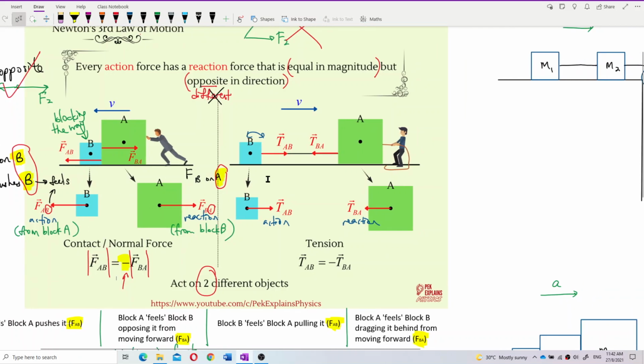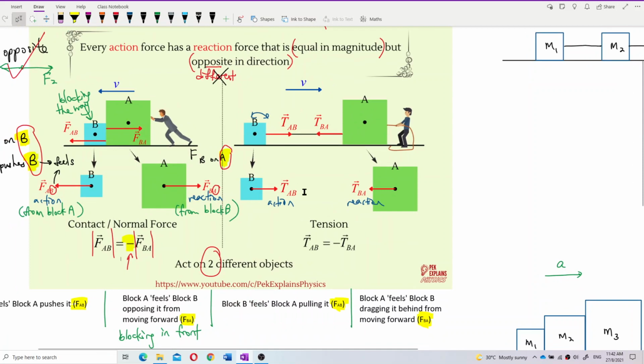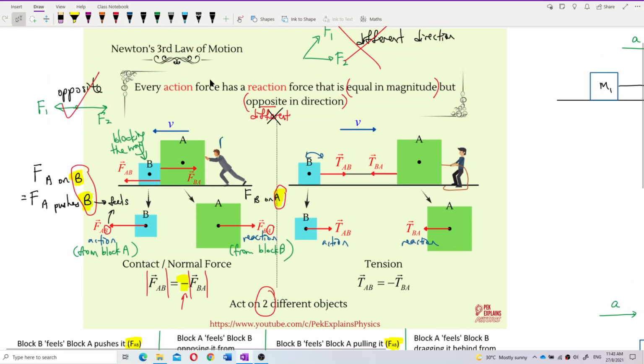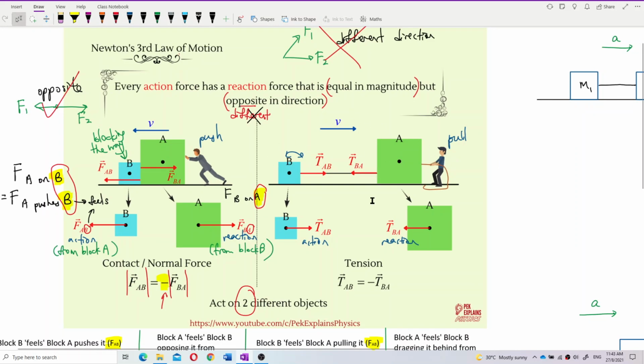Now, look at another example. This is about pulling force. Last time it was being pushed, the person pushed. Now this time the person pulls. We have an external force pulling forward, so this entire object moves to the right.